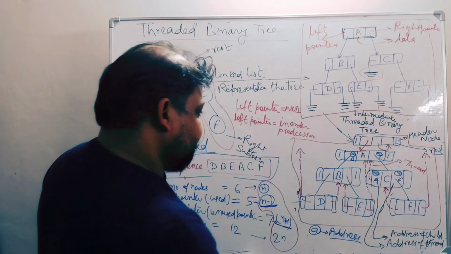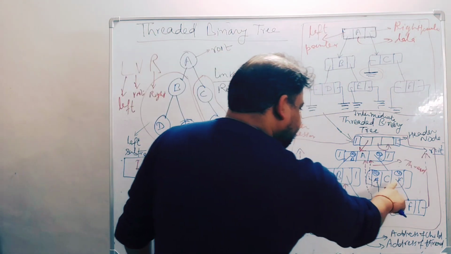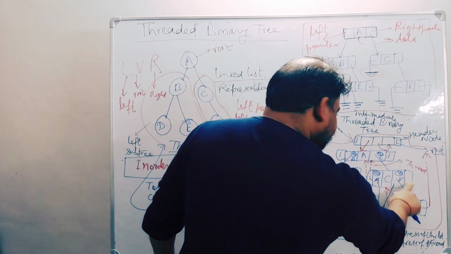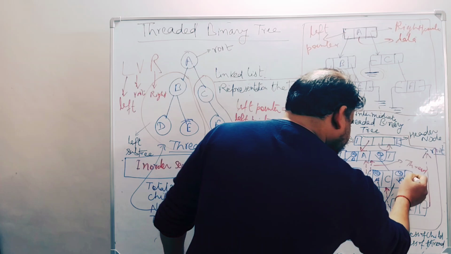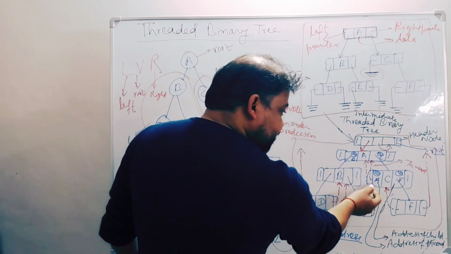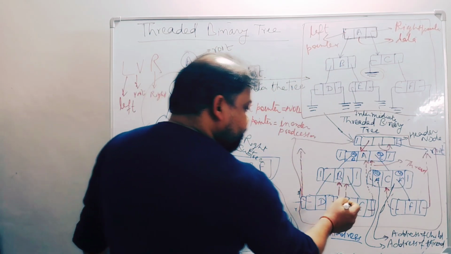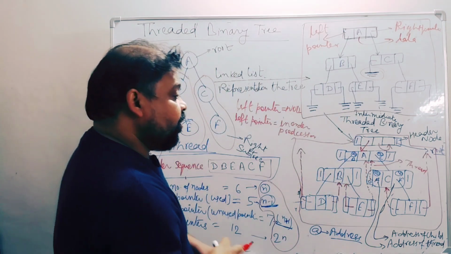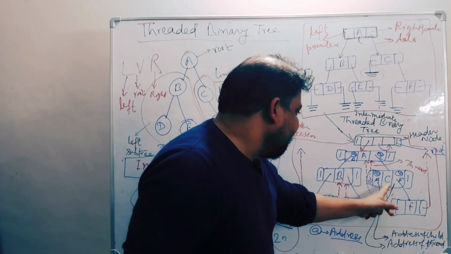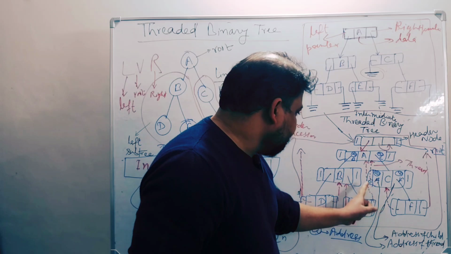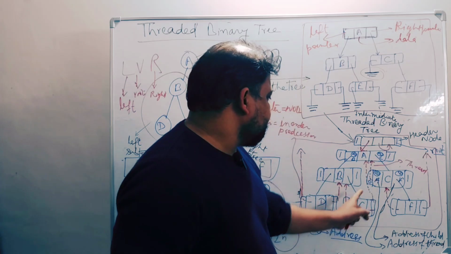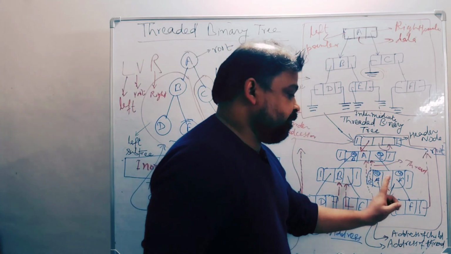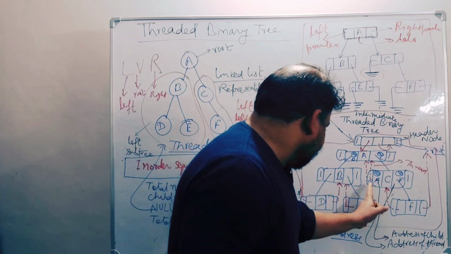Now I'll come to C. In that case this is your right child, so it is 1. But the left child, as we know, is a thread, so this will be 0, not 1. Wherever the child link is a thread, in that specific field you put 0. Clear? So here it is 0.